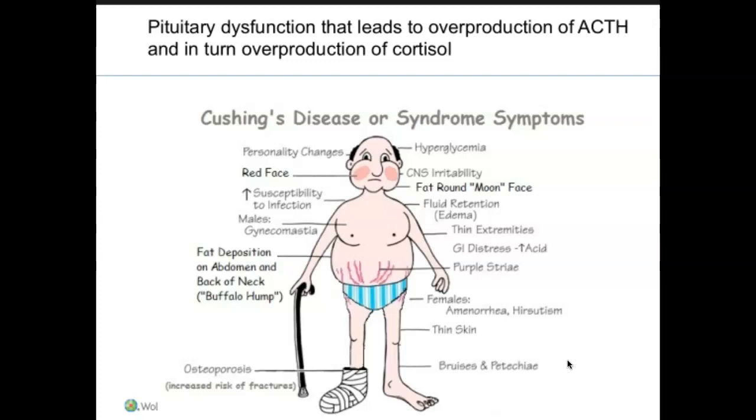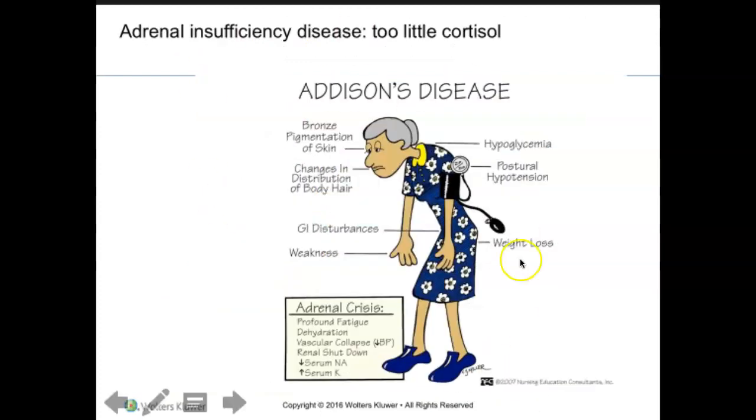They can't sleep very well, they have memory problems, and they're very irritable. Another thing that can be looked for is this weird fat deposition on the back. It's called the buffalo hump. So if you look at the back of their neck, it's going to appear really fat, but this is really the result of the Cushing's disease.